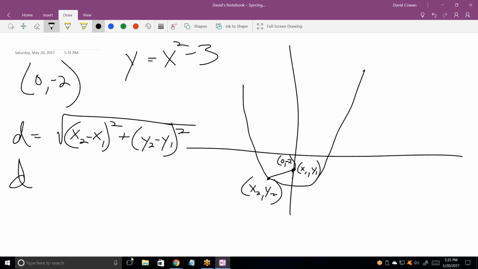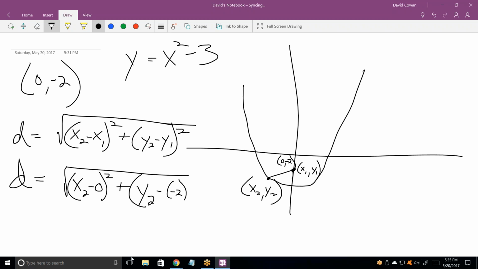So let's fill it in. The distance between that point and our parabola is the square root of x2 minus 0 squared plus y2 minus negative 2 squared. You with me? Okay.